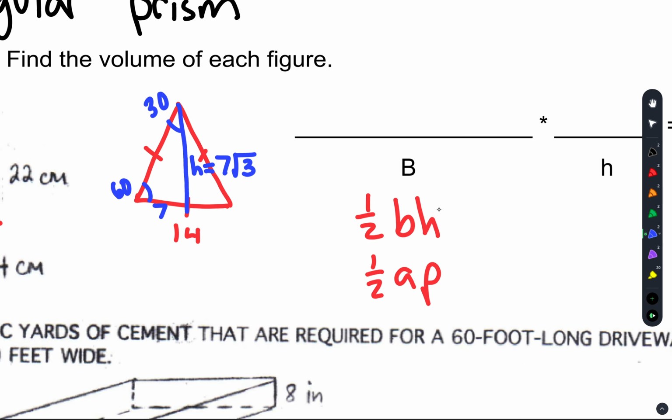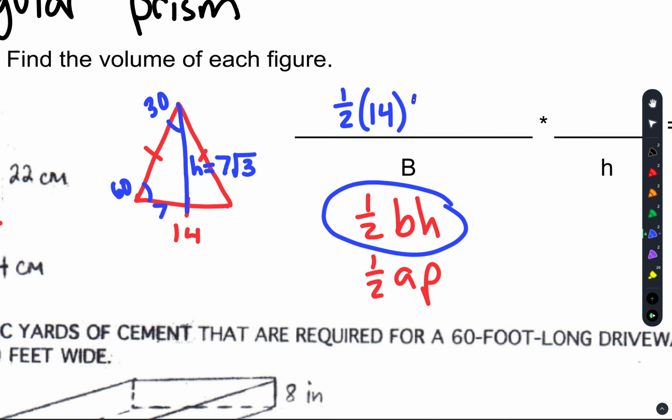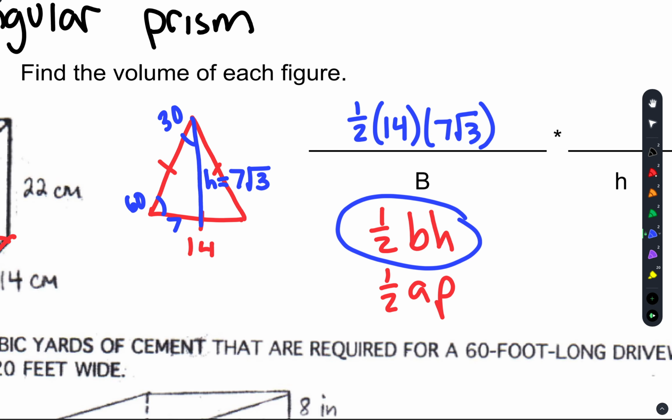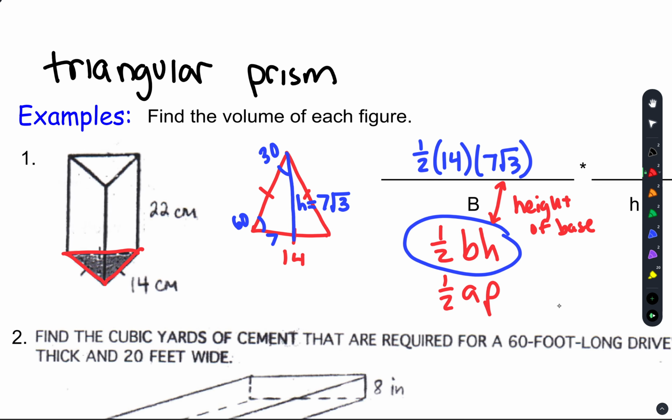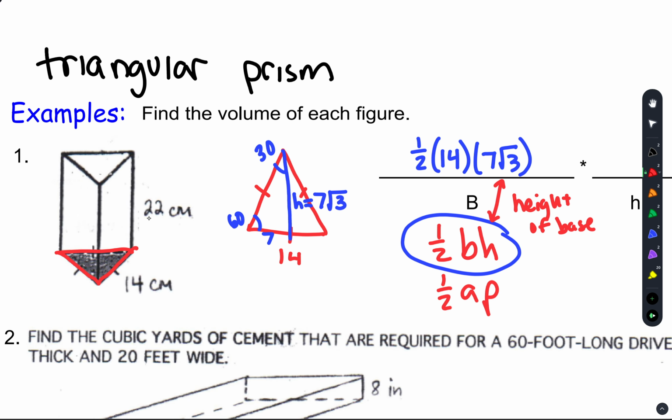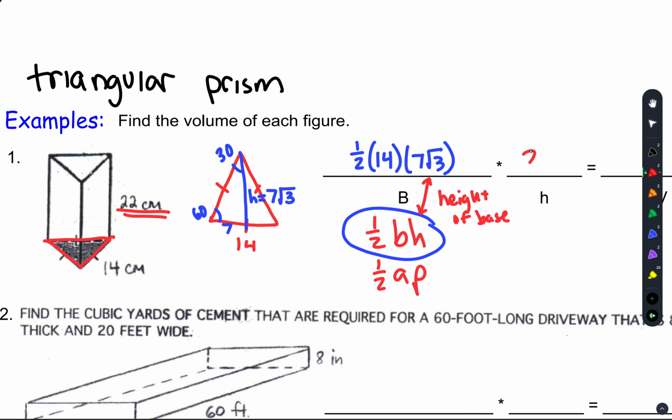So then to use my formula, 1/2 base times height, 1/2, the base is 14, and the height is 7 radical 3. It might be useful to note that this height right here is not the height of the prism. This is the height of the base. So a very common mistake that I see is that some people would try to plug in this 22. 22 is the height of the prism, not of the base. That goes right there.